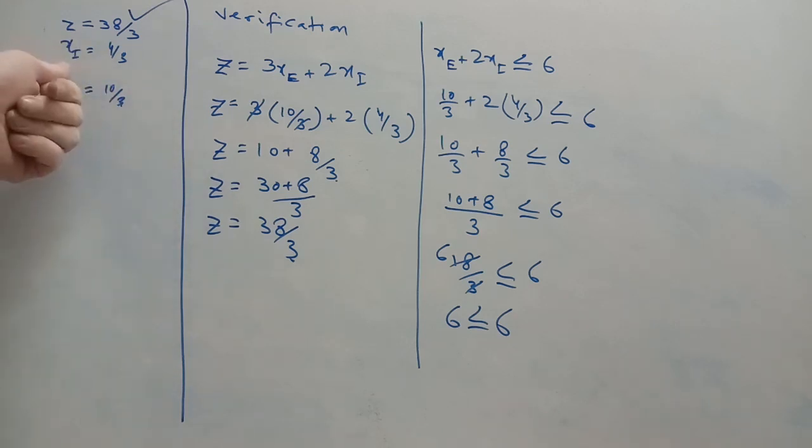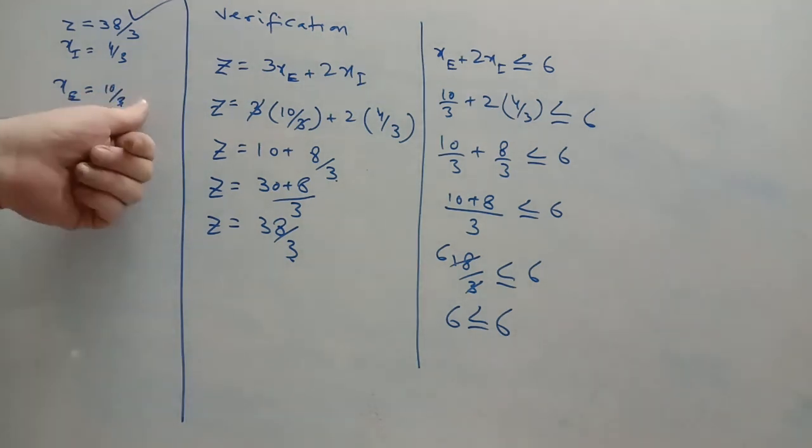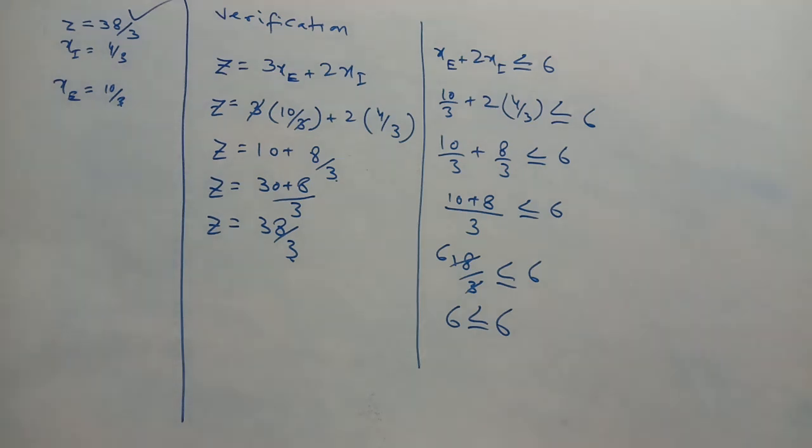That means interior paint must be produced 1.33 tons per day and exterior paint must be produced 3.33 tons per day in order to achieve this maximum gross income per day. This we have already discussed. Already I have given you the way of conclusion in the graphical method. The same conclusion, the same wording you have to write down in the simplex method to justify your answer.